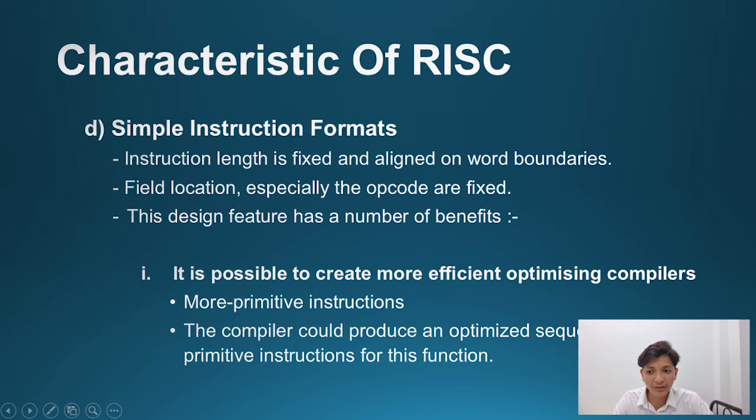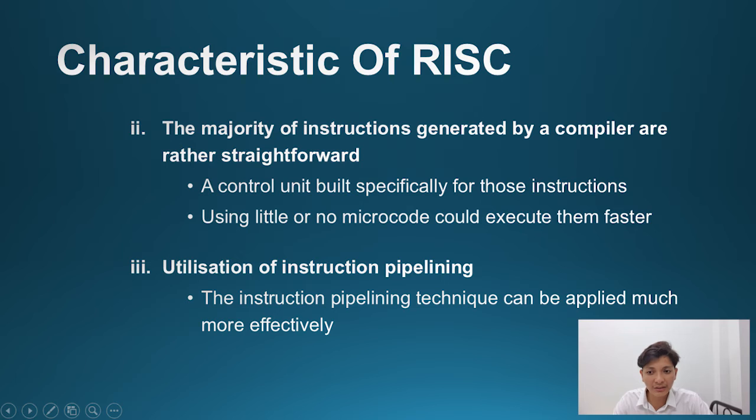A second point already noted, the majority of instructions generated by a compiler are rather straightforward. It seems reasonable that a control unit built specifically for those instructions and using little or no microcode could execute them faster than a comparable CISC.